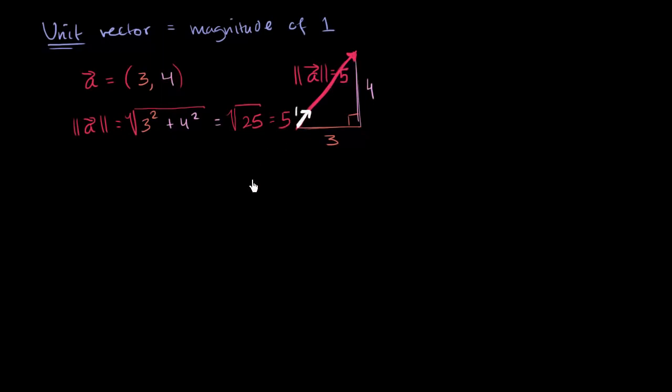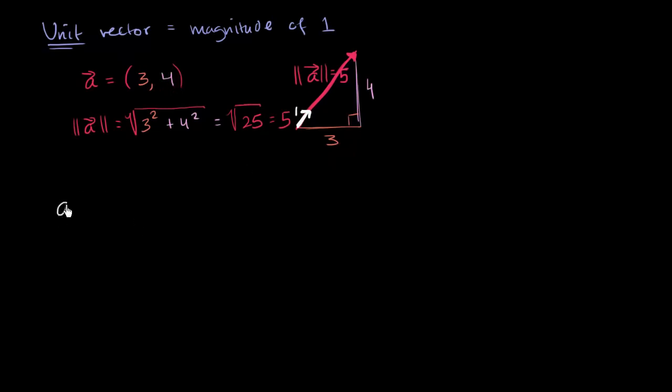It only has a magnitude of 1. So what could we do? Well, if we scale everything down by 1/5, if we were to multiply each of these components of our vector A by 1/5, or another way of thinking about it, if we divide each of these by the magnitude of A, then we could construct this unit vector.